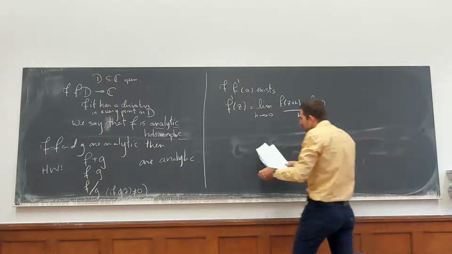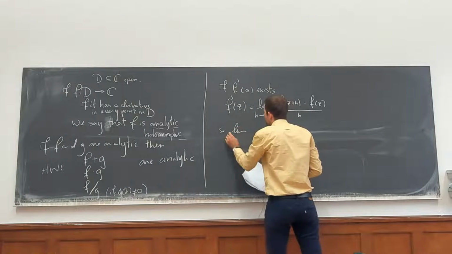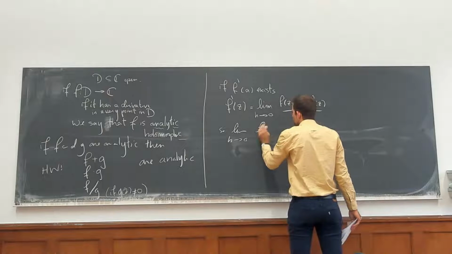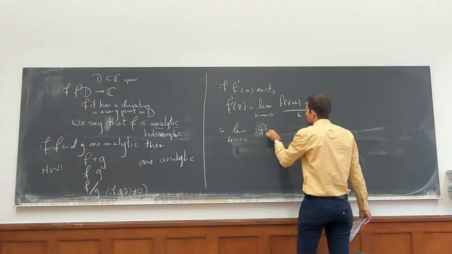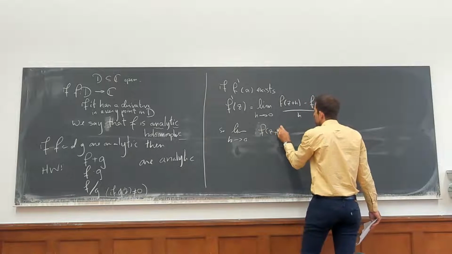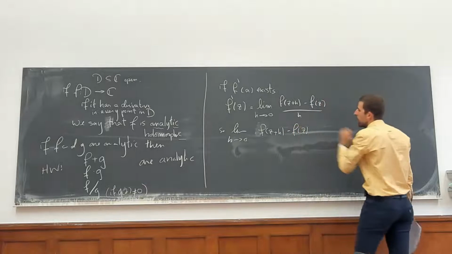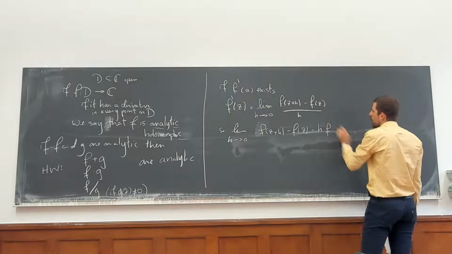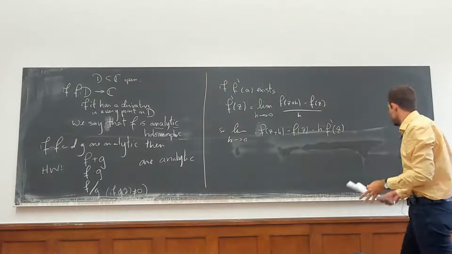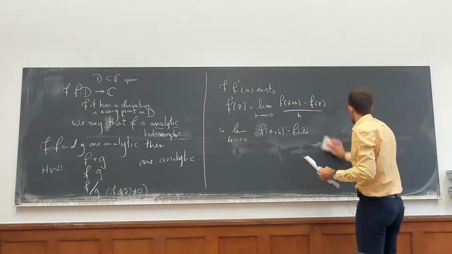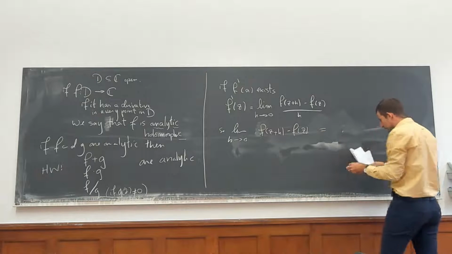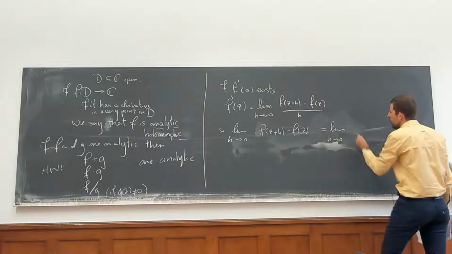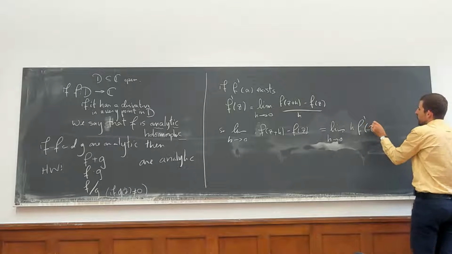So we must have that the limit as h goes to 0 of f(z plus h) minus f(z) is the same as the limit as h goes to 0 of h times f prime of z.